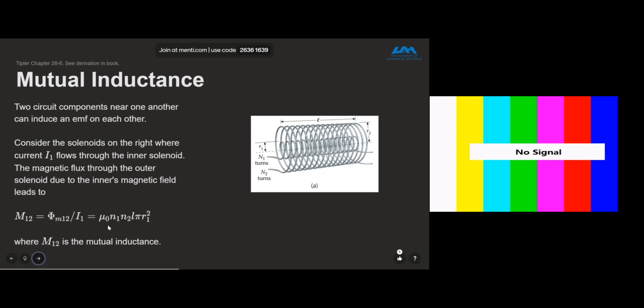And so I want to get back to the idea that we talked about with capacitance. With capacitance, one of the things that we said is capacitance is defined as Q over V, but capacitance does not change based on Q or V. It's a ratio that always holds constant.